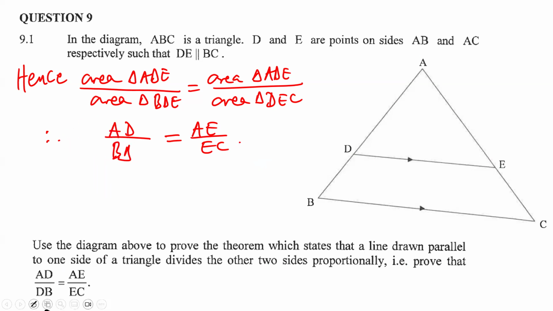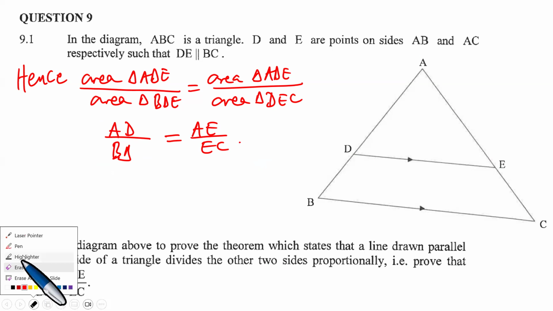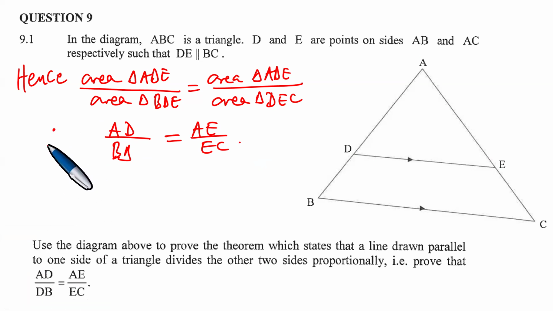And therefore, this is the conclusion. This is exactly what we had to prove: that AD over DB is equal to AE over EC, and it is true.